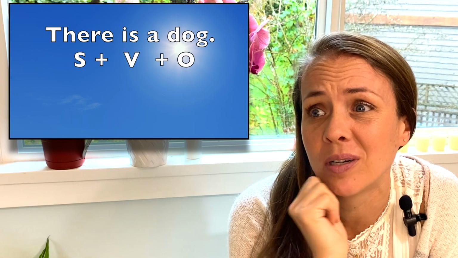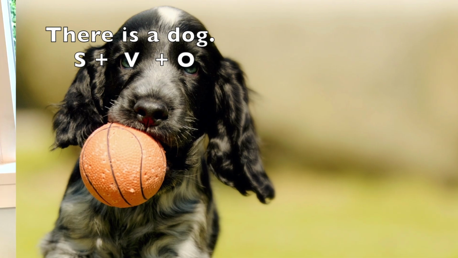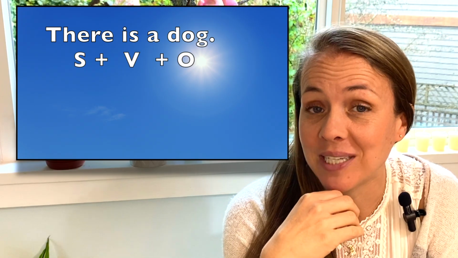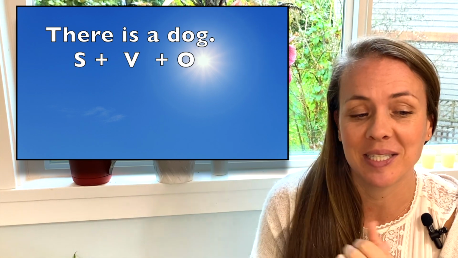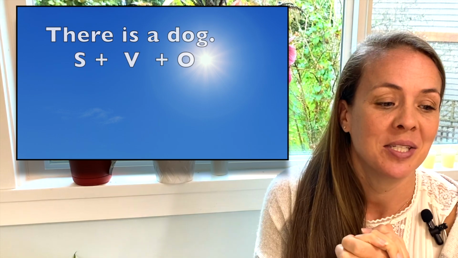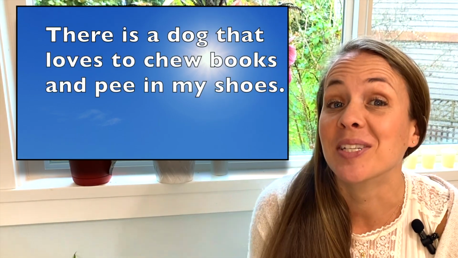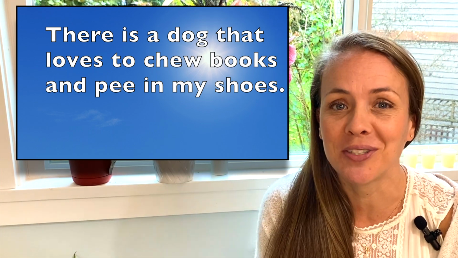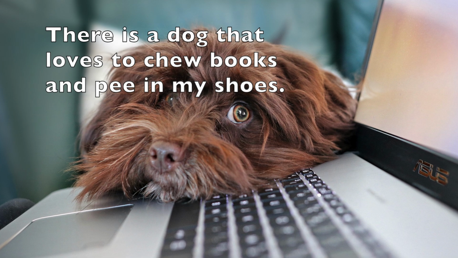There is a dog, so what? So if you add a subordinate clause, so if you add more information onto this sentence, it will become more interesting. So, for example, there is a dog that loves to chew books and pee in my shoes.